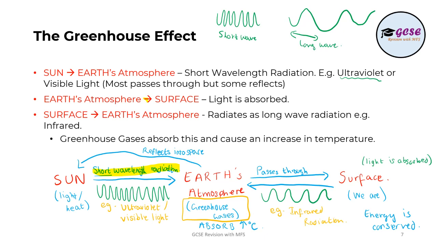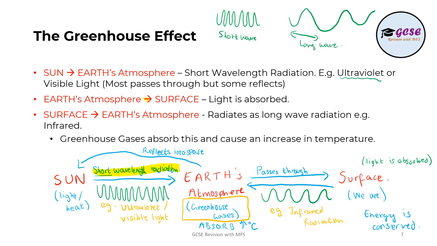That's what allows us to feel warm on a sunny day, and that is also what makes us feel cold on a cold day, because on a cold day there's minimal sunlight entering the Earth's atmosphere. That means less energy is being conserved because less is entering the atmosphere, and that's essentially what makes us feel cold.